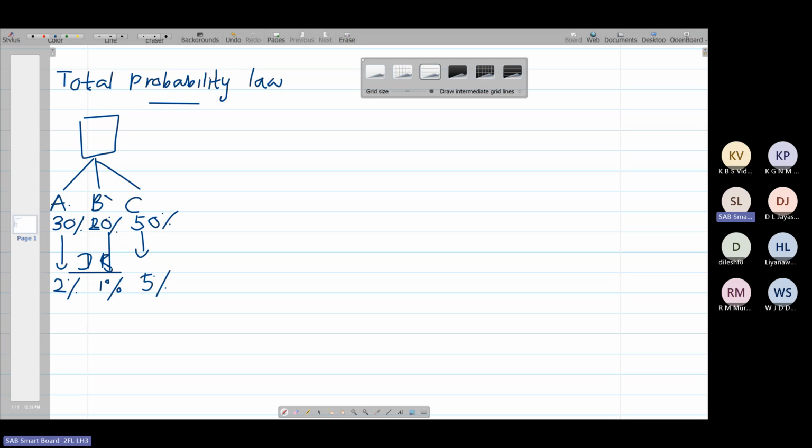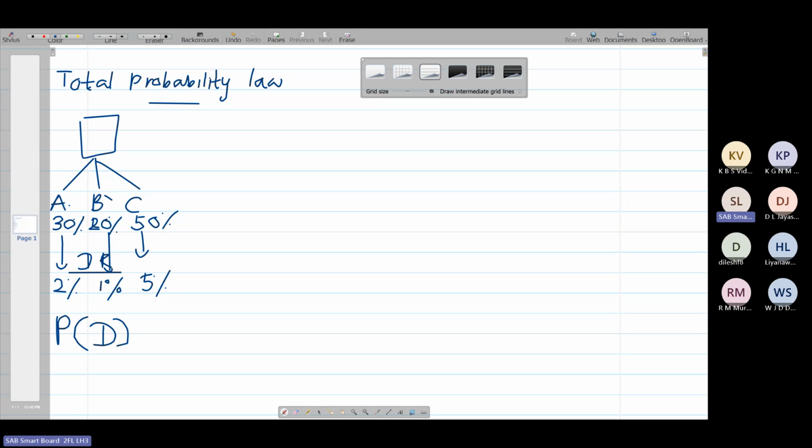Now here, the company wants to know what the defective rate of the total is. It means they need to find out the probability that an item is a defective one. Overall, they need to identify the normal defective rate in this factory. Understood?